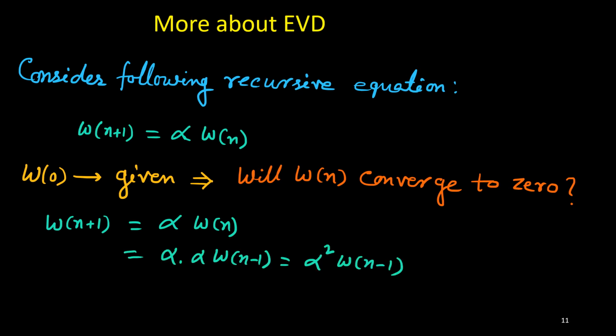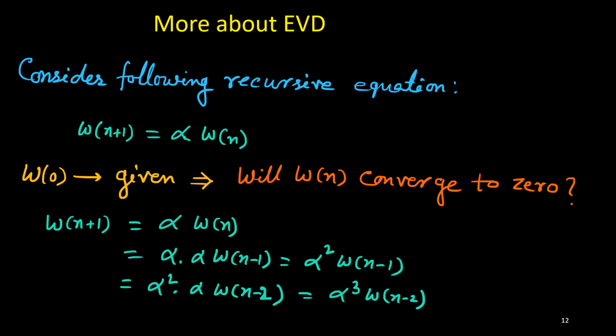And this Wn I can replace by the same rule, alpha times Wn minus 1, the previous one, because Wn plus 1 equals alpha times the previous one, Wn. Similarly, Wn is replaced by alpha times Wn minus 1, so you get alpha squared Wn minus 1. Again, this Wn minus 1 I can replace by alpha times Wn minus 2, so you get alpha cubed Wn minus 2.